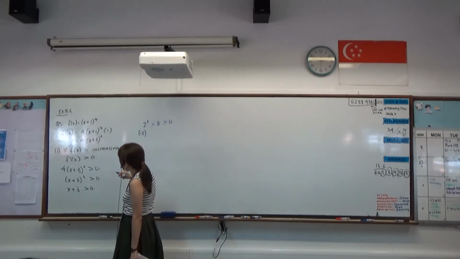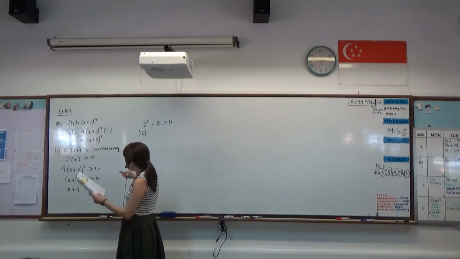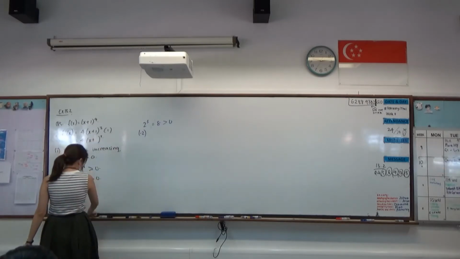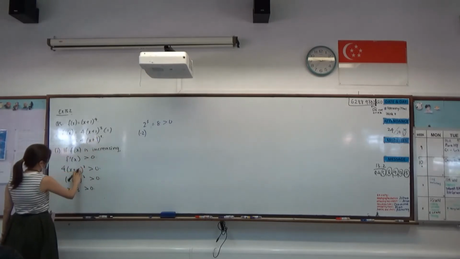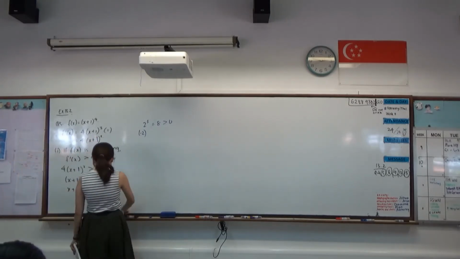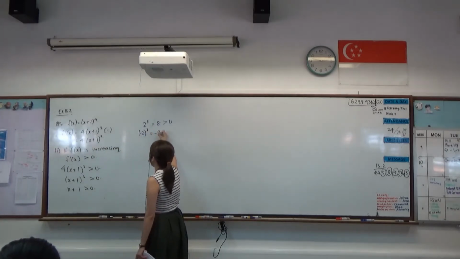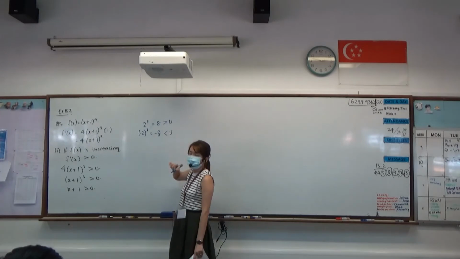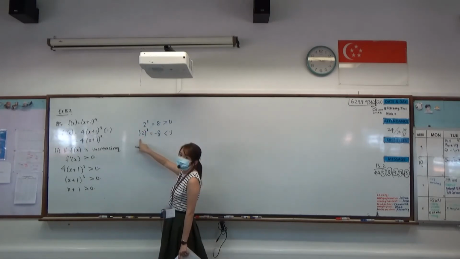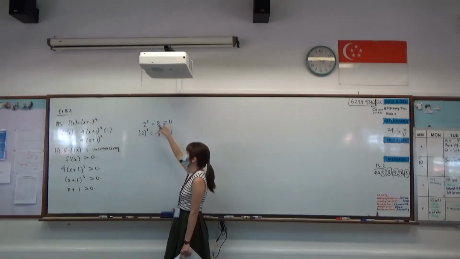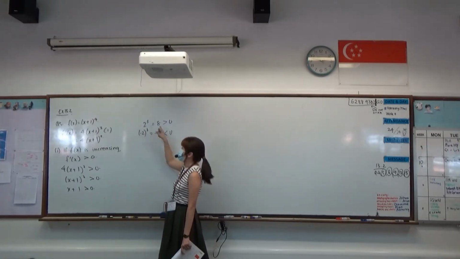Okay, so negative 2 cubed itself will give us negative 8. That gives us less than 0. So the base number itself has to be positive in order for the entire thing to be positive.